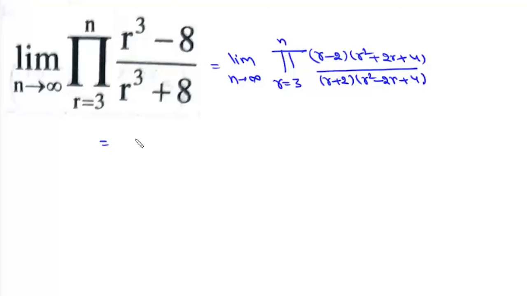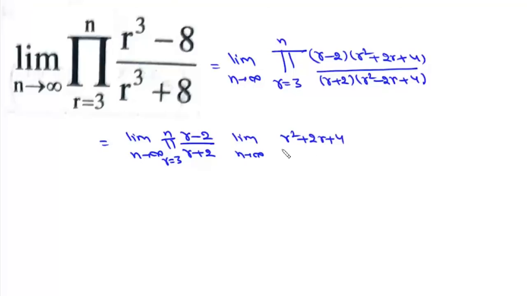Now we'll separate it in two products. So it will be this limit n tends to infinity of the product of (r minus 2) upon (r plus 2), where r varies from 3 to n, and then this limit n tends to infinity of the product of (r square plus 2r plus 4) upon (r square minus 2r plus 4).